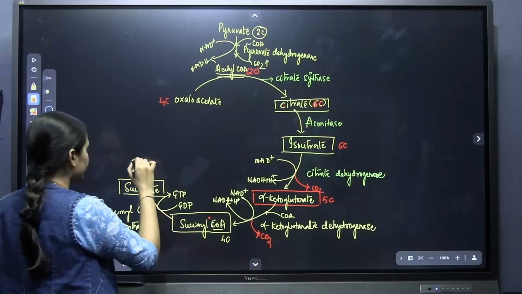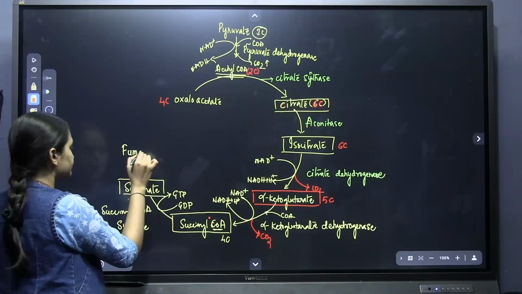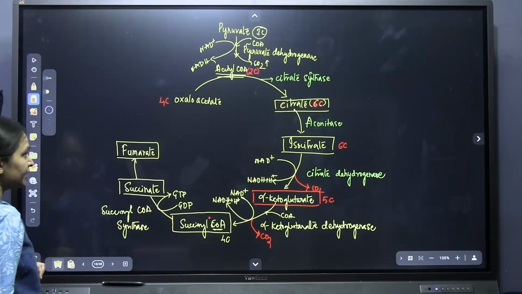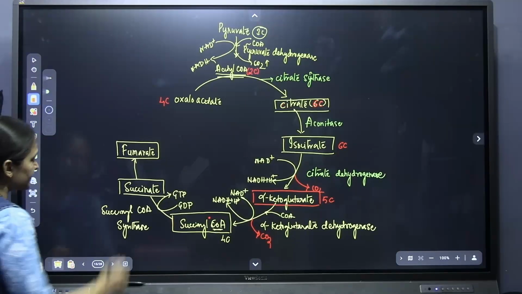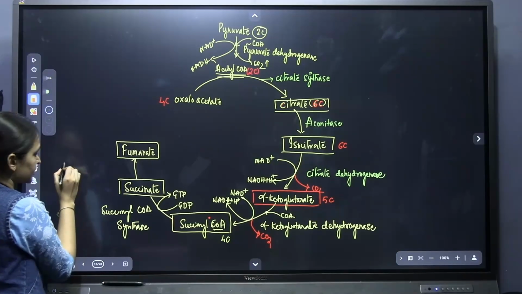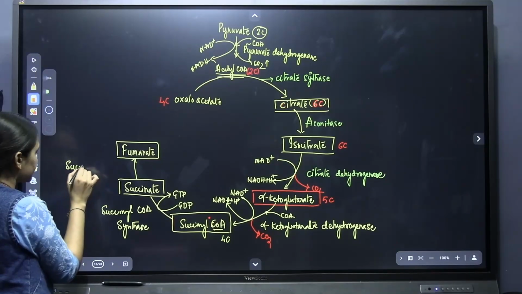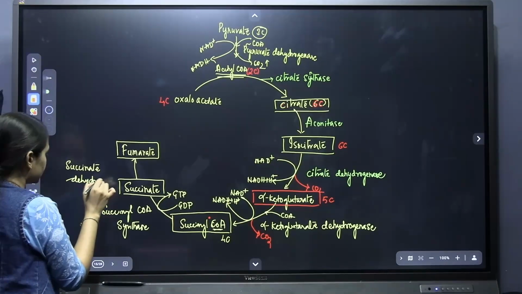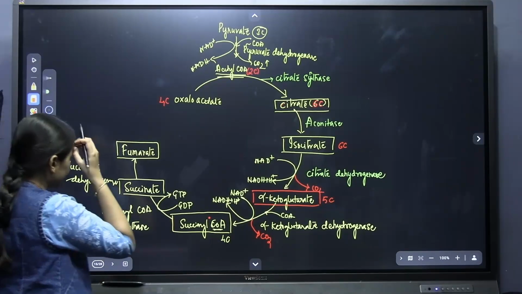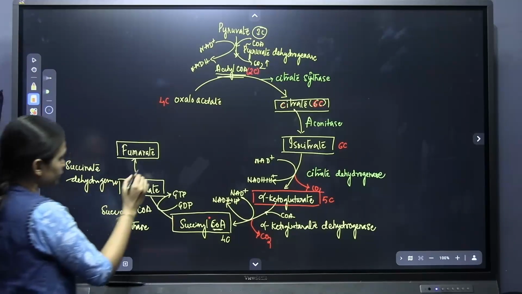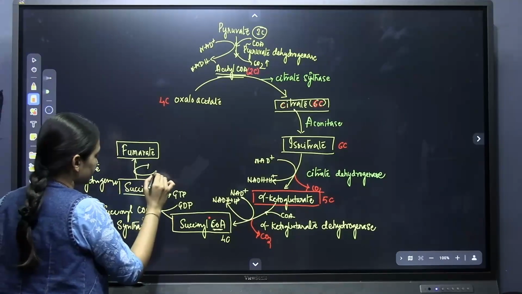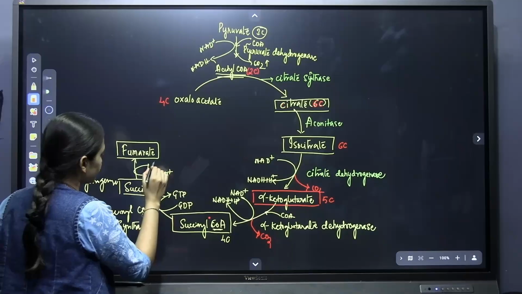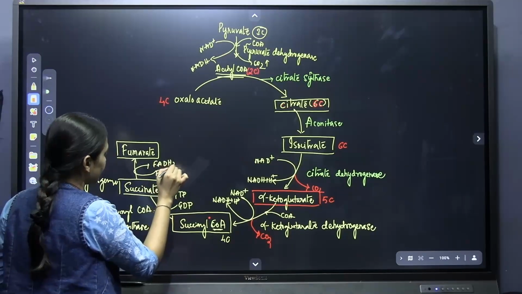The succinate will be converted to fumarate. Here the enzyme used is succinate dehydrogenase, and here also one molecule of FAD plus, it is also a reducing equivalent, will be converted to FADH2.